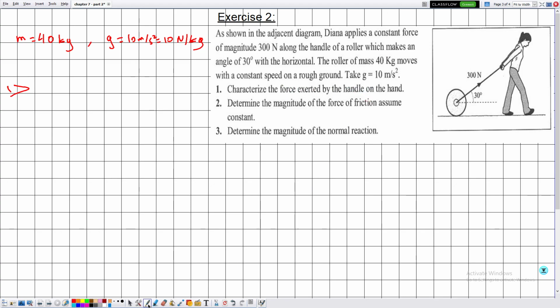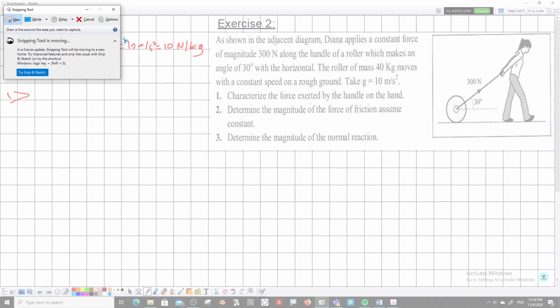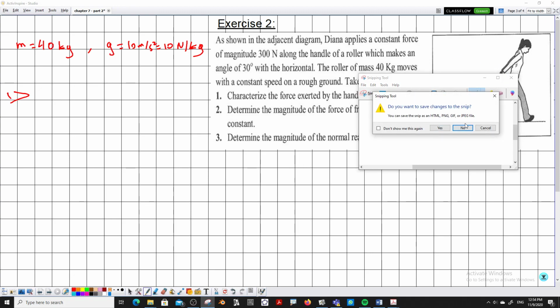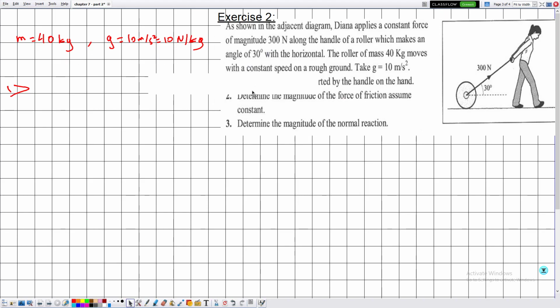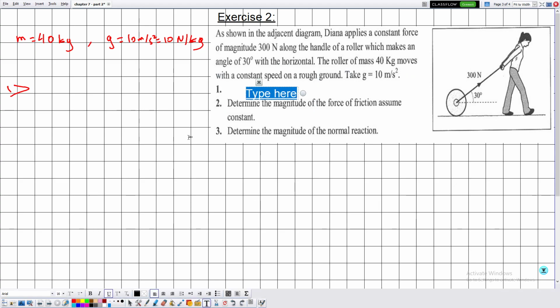So let me change the question of part 1 and make it the following: list the forces acting on the roller.